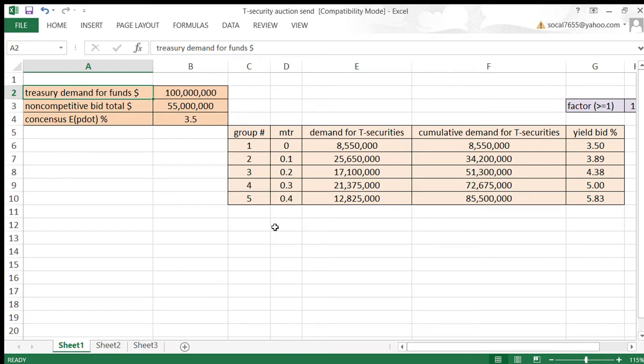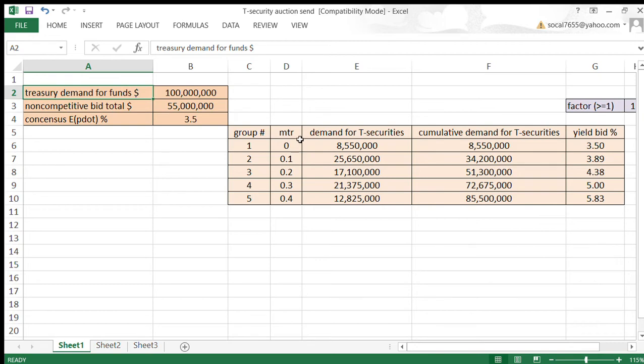Individuals have different tax rates than corporations, and certain pension funds have different marginal tax rates than other entities, and different individuals have different marginal tax rates based upon their income. So we're just going to assume that there are 5 groups as distinguished by marginal tax rates. It's just a simplifying assumption.